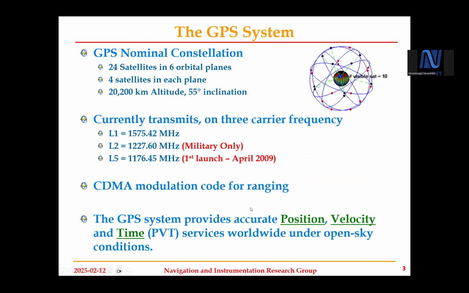Here, just a reminder, you have seen this, I believe, more than one time. The GPS constellation consists of many satellites, typically 24 in medium Earth orbit. That means tens of thousands of kilometers higher than Earth's surface. And these satellites continuously transmit signals in one-way fashion, from space to the Earth surface.